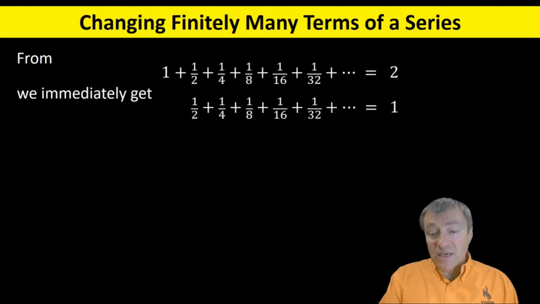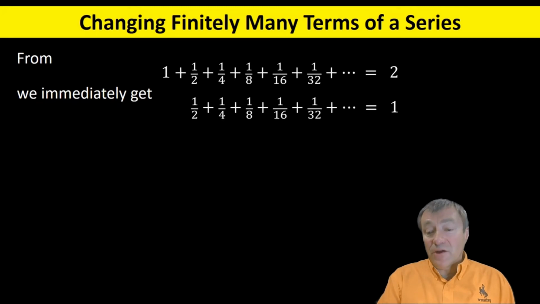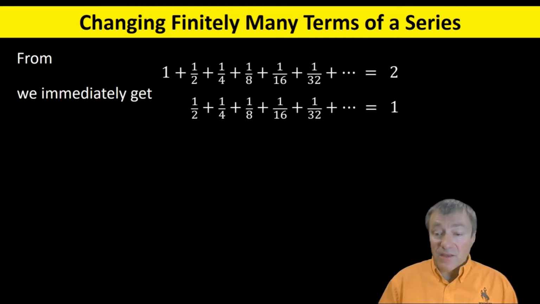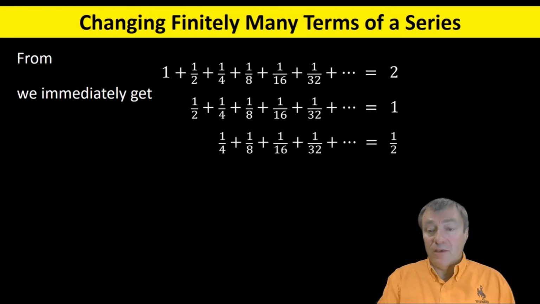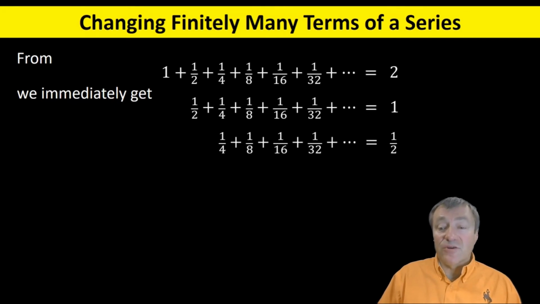But we can see this by a different argument. The reason it works in this case is that we are subtracting 1 from all the partial sums. So by our algebraic formulas for limits, this lowers the entire limit by 1. And we can repeat this process by taking away any finite number of terms from the start of the series.